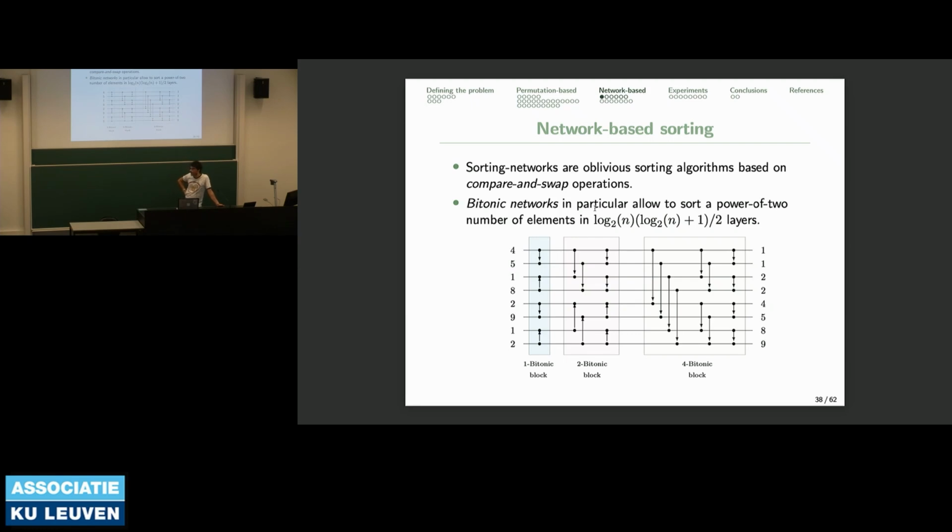Yeah, the thing is, these standard algorithms are heavily based on the data you are plugging in. They are data dependent. So the flow of execution of this sorting algorithm depends on the data you give as input. So if I have a 5 here and a 1 here, then I will do something, otherwise I do something else.